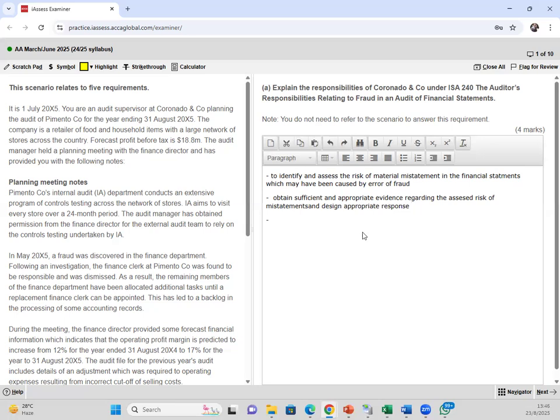So what is the other responsibility of an auditor?